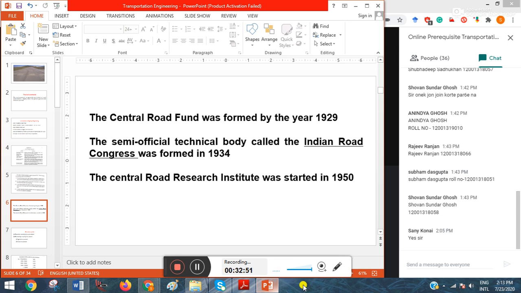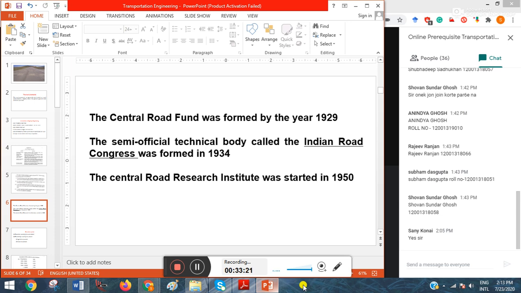CRRI is one of the national laboratories of the Council of Scientific and Industrial Research. The institute is mainly engaged in applied research and offers technical advice to state governments and the industries on various problems concerning roads.